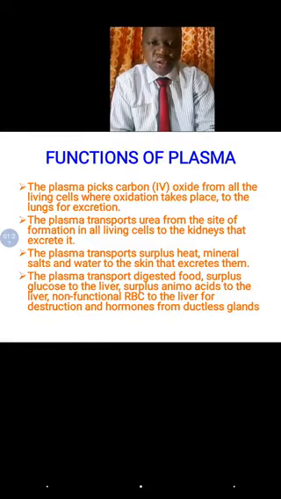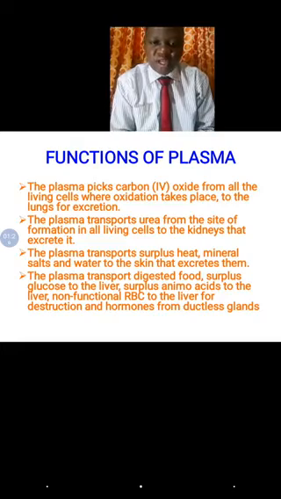Let's talk about the function of the plasma. The plasma performs various functions, which include picking up carbon dioxide from all the living cells where oxidation has taken place and taking it to the lungs so that it can be excreted. The plasma also transports urea from the site of formation in the living cells to where it can be excreted.